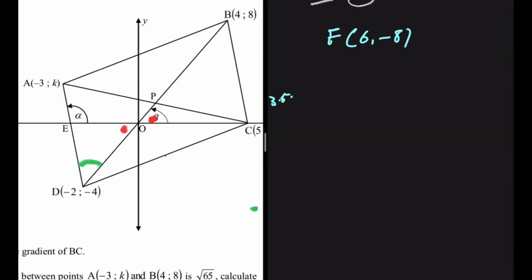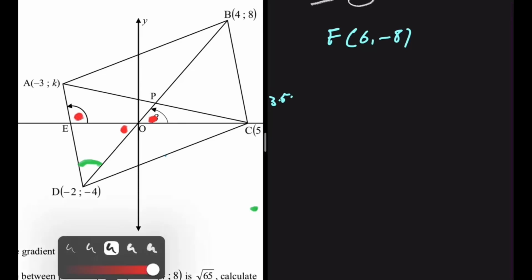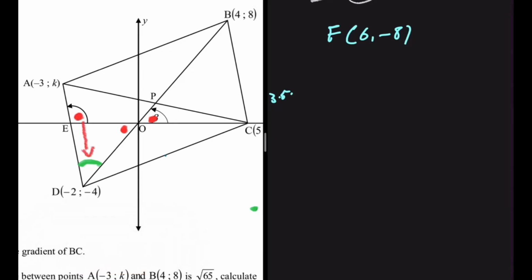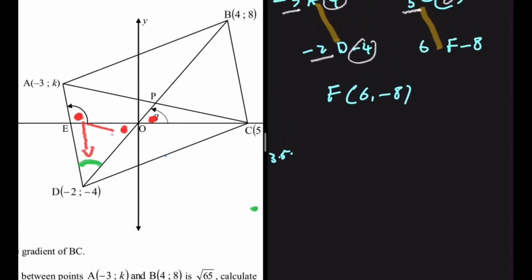I think they are called vertically opposite angles, and they're supposed to be equal to each other. So I can use that angle to find this angle. And then that angle should be equal to our angle of interest plus this angle here. The exterior angle of a triangle is equal to the sum of the two opposite interior angles.